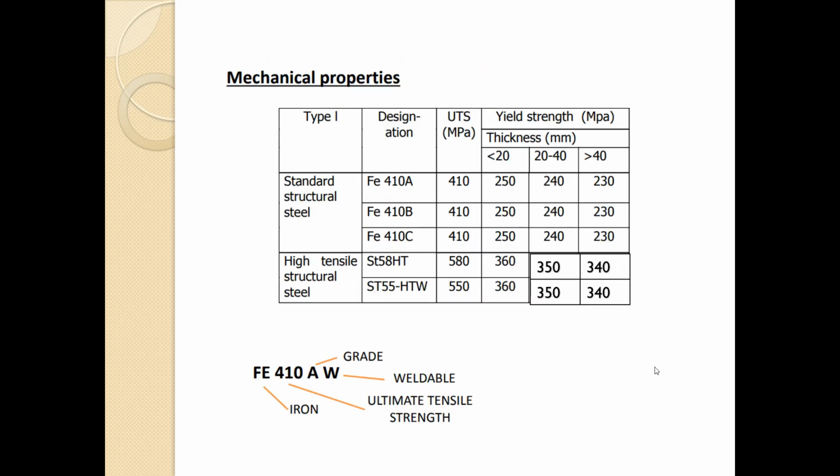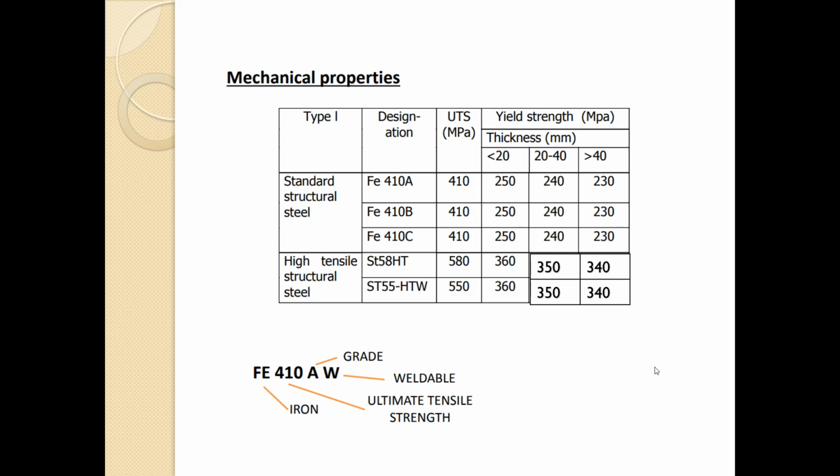Now these are some designations and types of structural steel. Here you can see standard structural steel and high tensile structural steel and their designations. In designations it is written something like Fe 410A. Fe means iron, 410 is the ultimate tensile strength, A is the grade of steel, and W shows whether it is weldable or not.